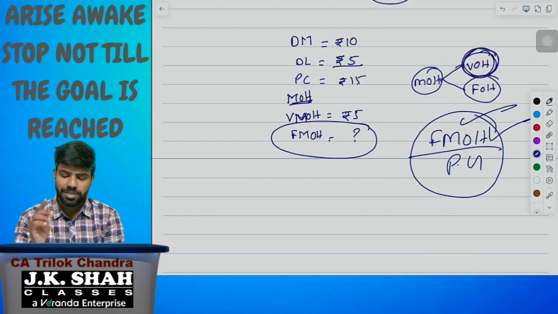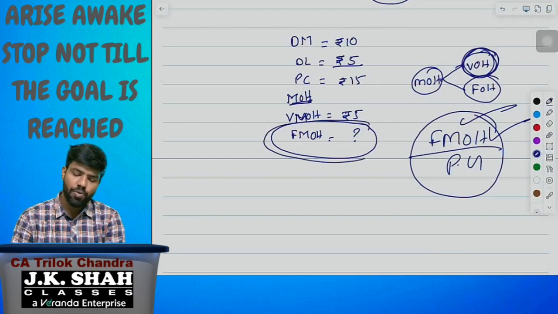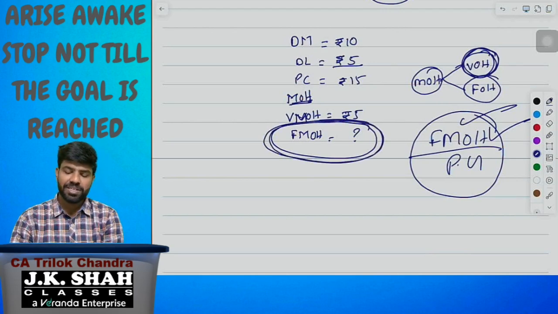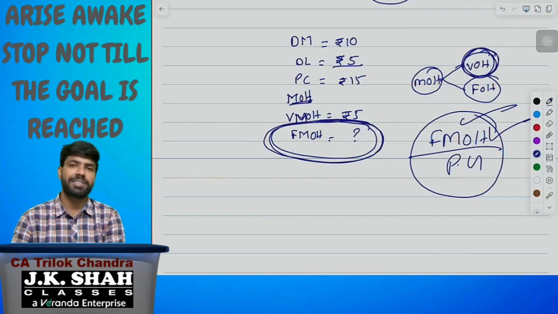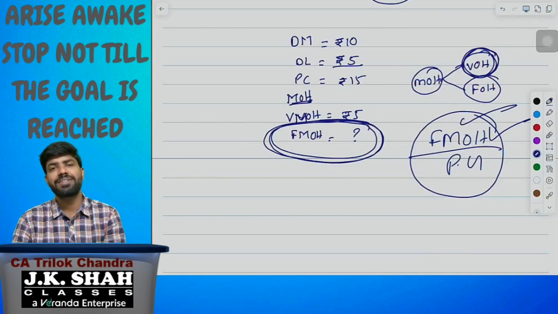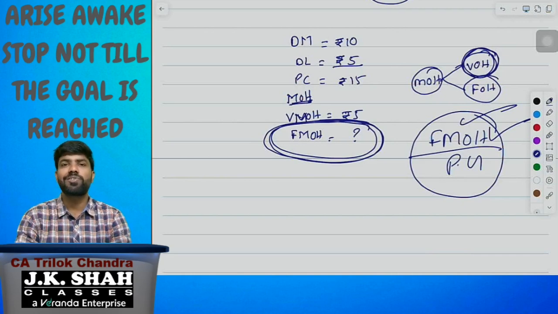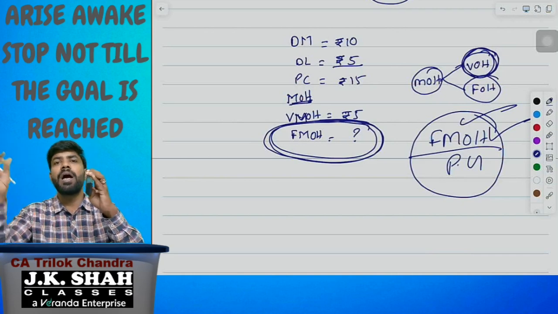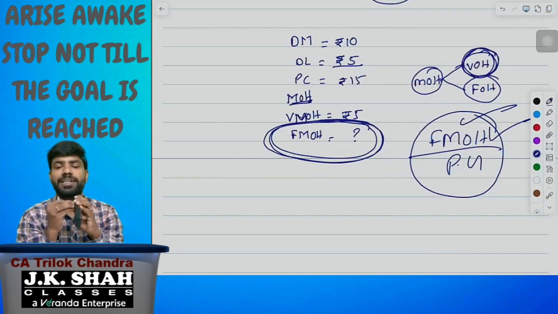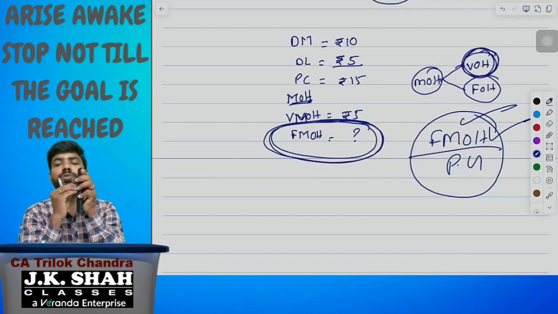I don't know if you're clear about this. So the main agenda is how to account or how to charge fixed manufacturing overheads to each and every product. That is the main discussion of the chapter called overheads, which is also called the absorption of overhead to the product. Once the product is completed, how much needs to be absorbed by this product?